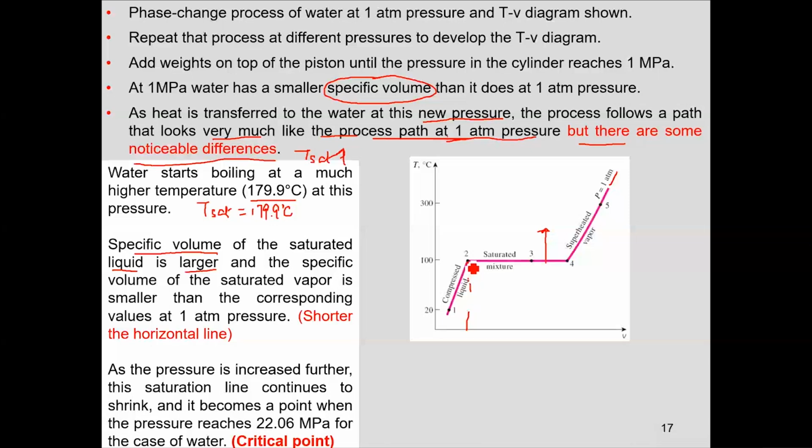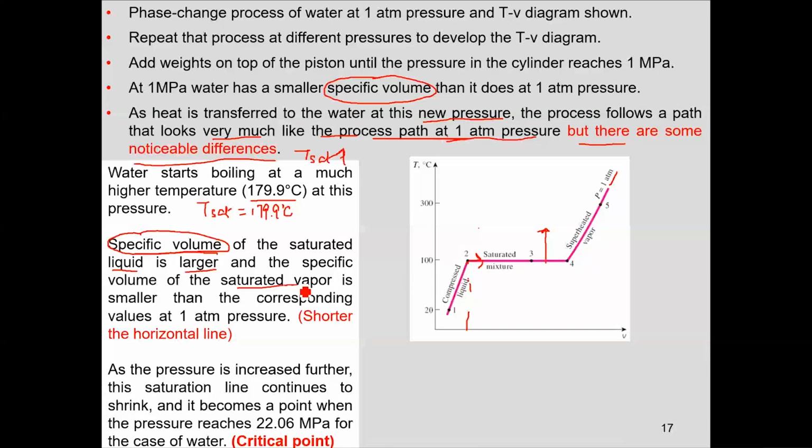This means this point should move to the right or to the left? Right, sir. If your specific volume is larger, it should move to the right-hand side, that means to this side.